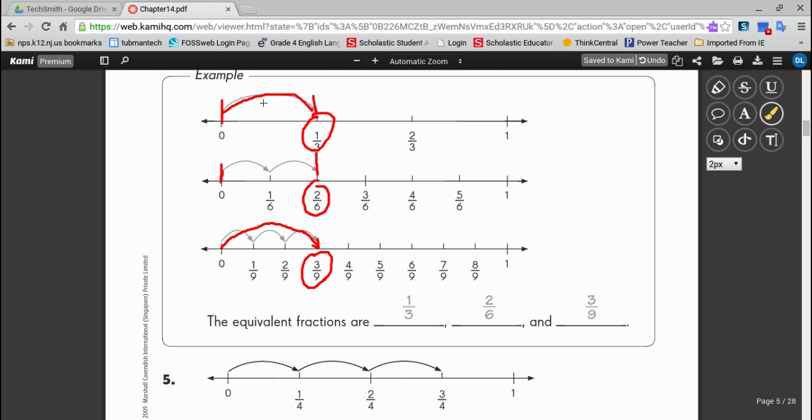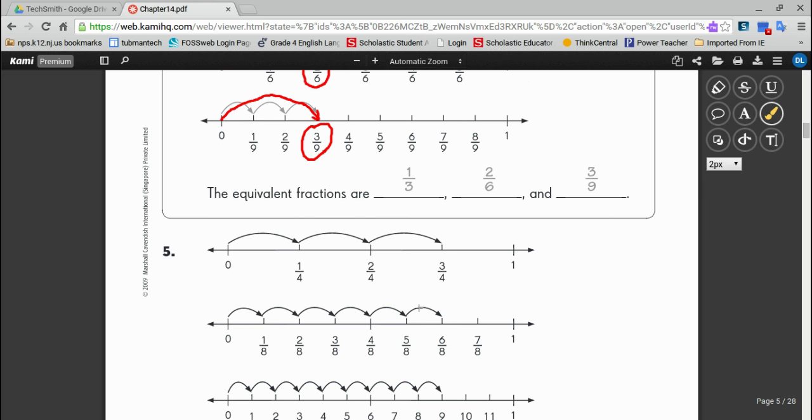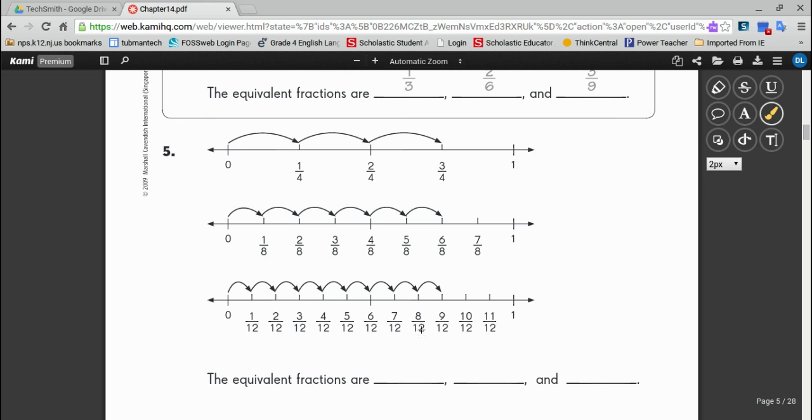So they just split it in half. Alright, so the equivalent fractions are 1/3, 2/6, and 3/9. So over here, our equivalent fractions are 3/4, which is right over here. Let's go straight down. 6 over 8, look straight down.